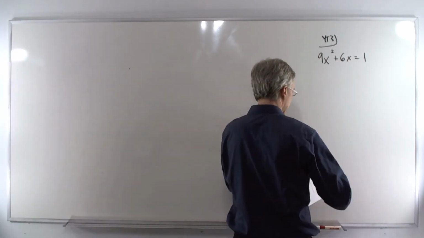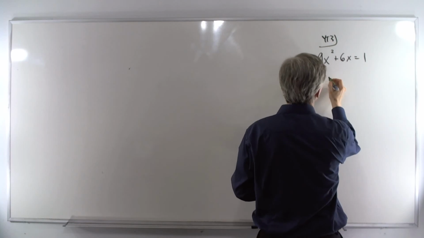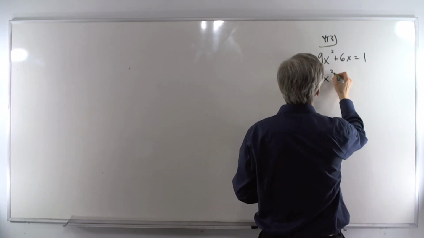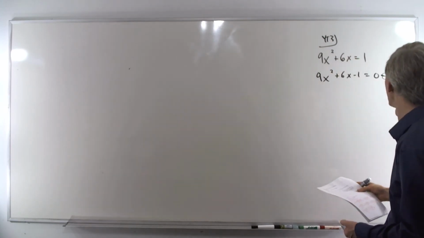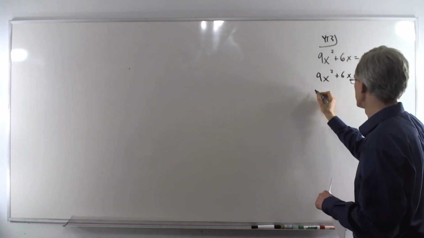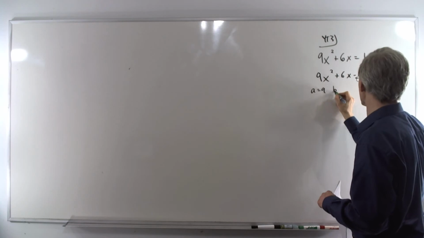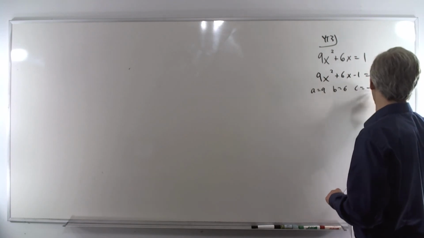So we're going to put this thing in standard form. Let's subtract 1 from each side. 9x squared plus 6x minus 1 equals 0. So we've got a is 9, b is 6, and c is negative 1.